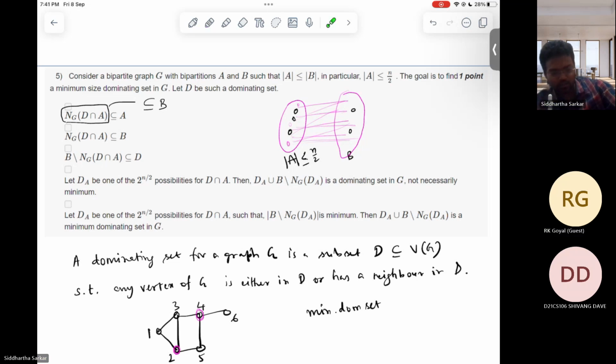So you were only looking at D intersection A and saying they are part of A, but you were not taking their neighbors. Okay, fine. So we are saying that all the neighbors of D intersection A are actually in B. Yes. So the second option is correct. The second one is true.